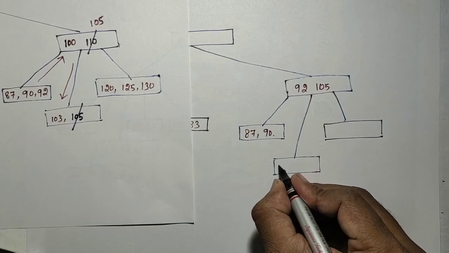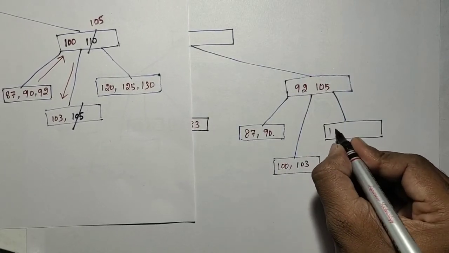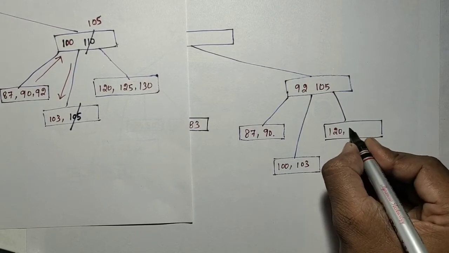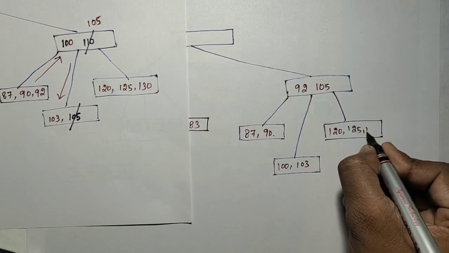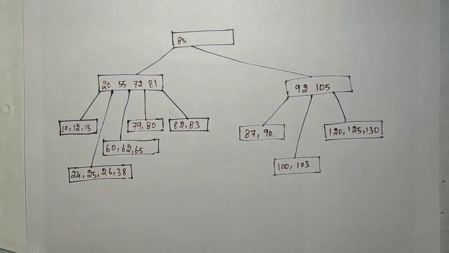And the 100 is moved down, so 100 and 103. Now it is having 120, 125 and 130. So this is the content after deleting 75 and 110.